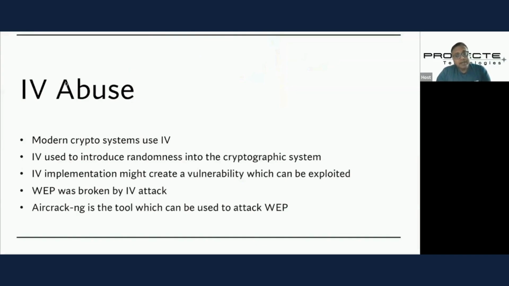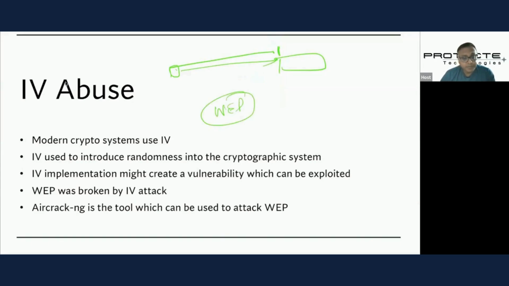Then on wireless, there is an attack called IV abuse, initial vector abuse. So what happens once you connect with your wireless devices, right? An initial vector is used to establish a session. Now, the way WEP, that is the first generation of wireless encryption protocol, was broken was using IV abuse.